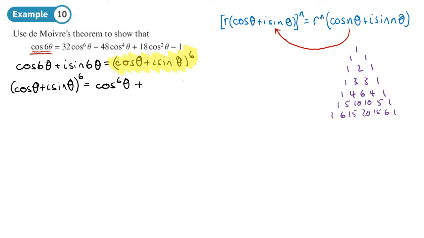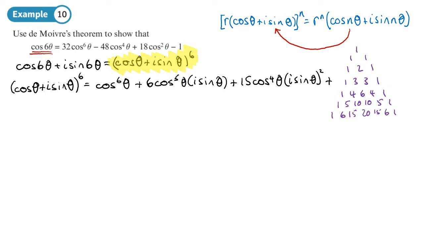Then the next term is going to have a coefficient of 6. So that's going to be 6 cos to the power 5 theta, and then i sin theta. Okay, I'll put that in brackets. Right, next term. This will have a coefficient of 15. It will be cos to the power 4 theta, and then (i sin theta) squared.